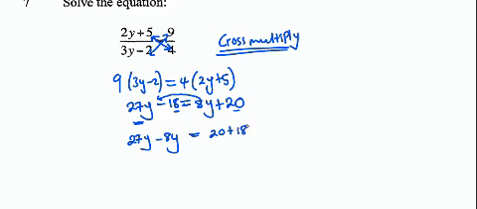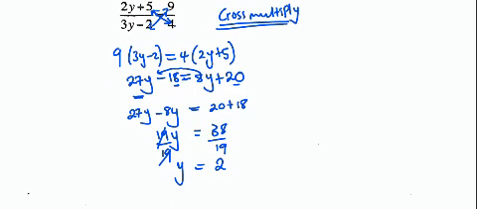It will be plus 18. 27y minus 8y, that's 19y, equal to 20 plus 18, that's 38. Now we can divide by 19 both sides. 19 into 38, it's 2, because 2 times 19 gives 38. Right? So our y is 2. In that case, you can get 3 marks for that.